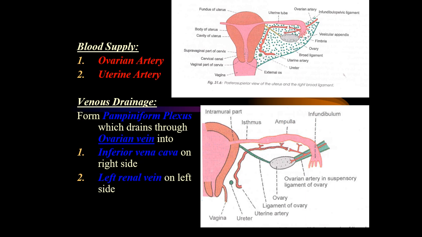That leads to varicosity of this vein, which is called varicocele, and this is more common in the left testis than the right testis. This is because of the angle at which the testicular vein drains into the left renal vein. But on the right side, because it opens into the inferior vena cava at an angle of almost 30 to 40 degrees, it doesn't affect much.